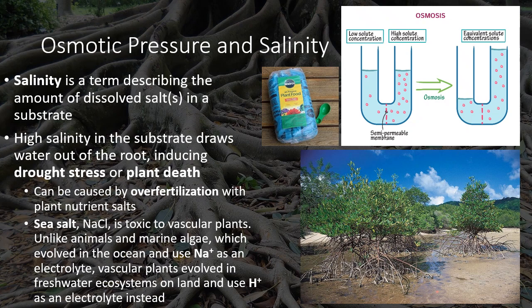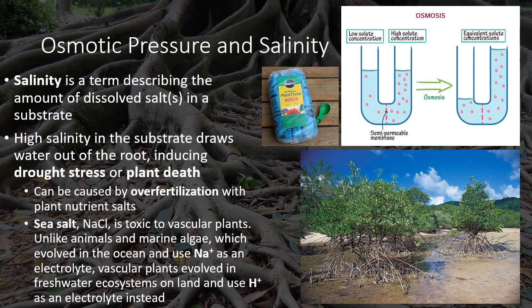When we have more salt in the substrate than the root has in its internal tissues, water is actually drawn out of the root. The water wants to flow from an area of low solute concentration to an area of high solute concentration.